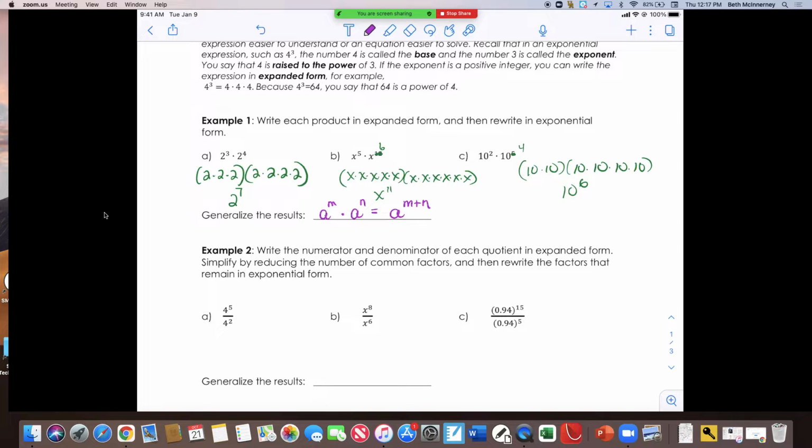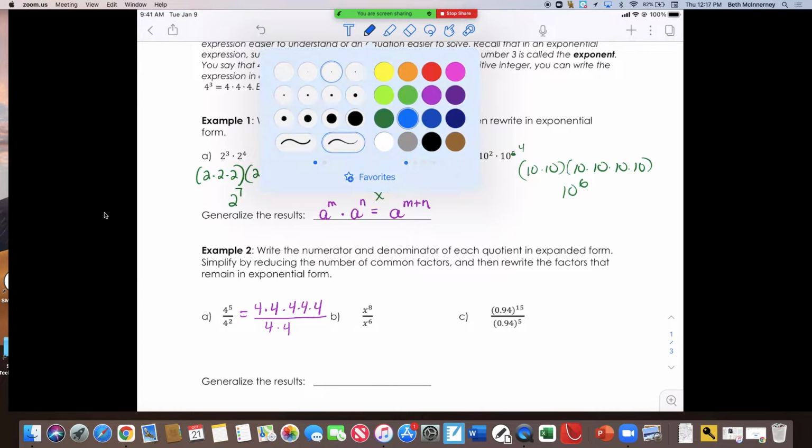All right, in example 2, we want to write the numerator and the denominator in expanded form. So 4 to the 5th power means 4 times 4 times 4 times 4 times 4 over 4 squared. So you're going to take the numerator and denominator and put it in expanded form. Then you want to simplify.